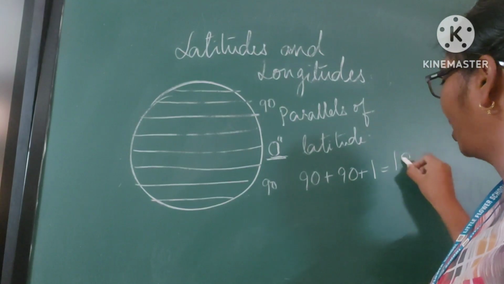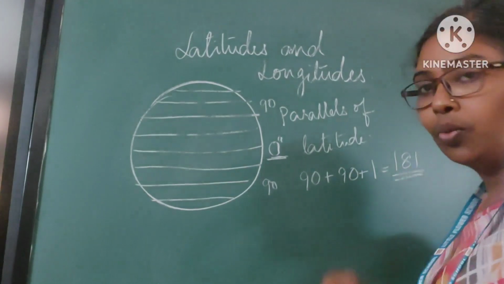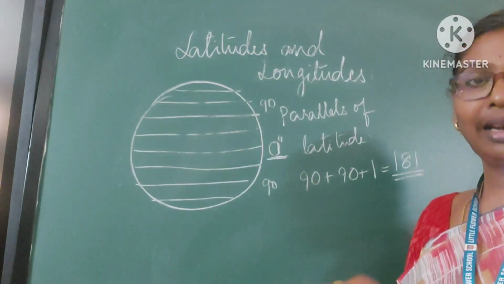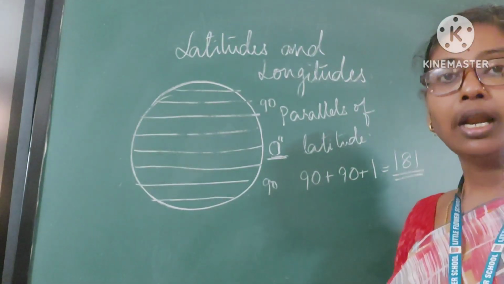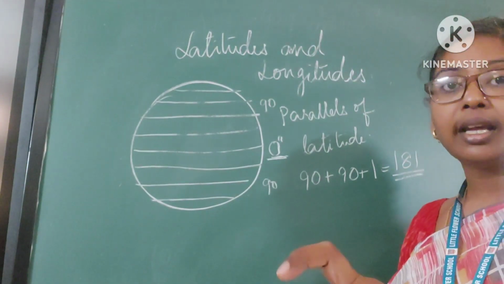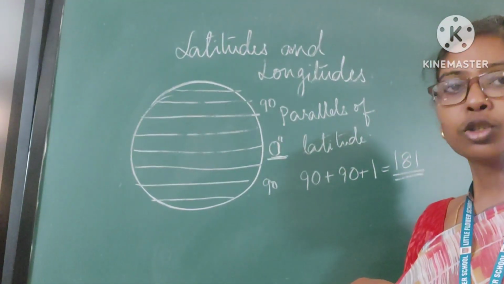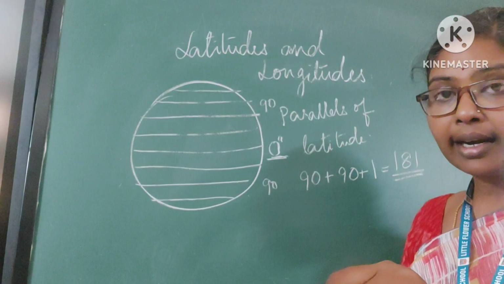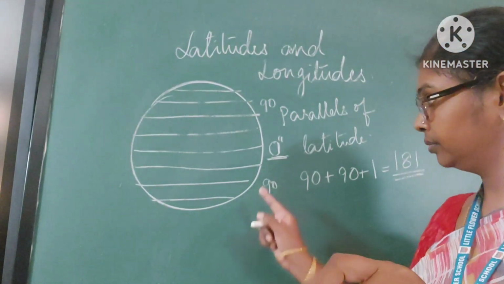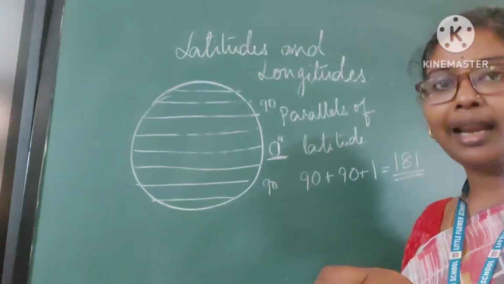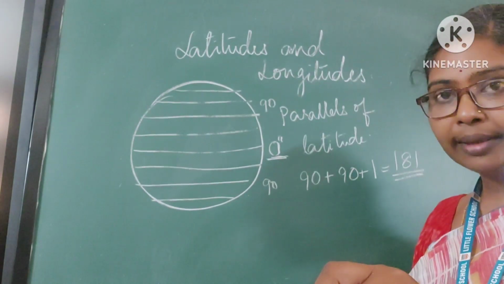So, 181 parallels of latitude. 90 in the north, 90 in the south and 1 equator. So, totally 181 parallels of latitude. Right?